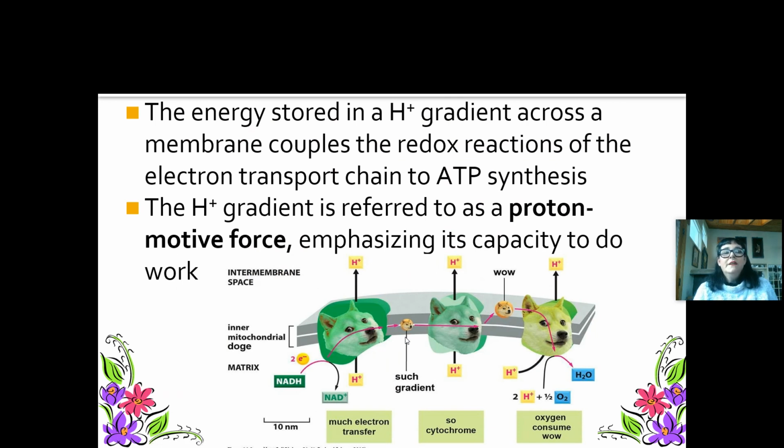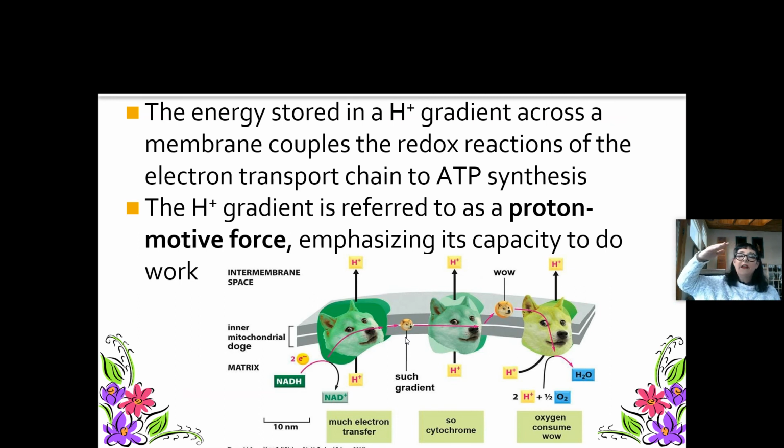So again, just to go through this again, the energy that's stored in this gradient, where we have all these hydrogen ions, all these protons, this energy that's stored up there couples the redox reactions of the electrons here to drive that oxidative phosphorylation.